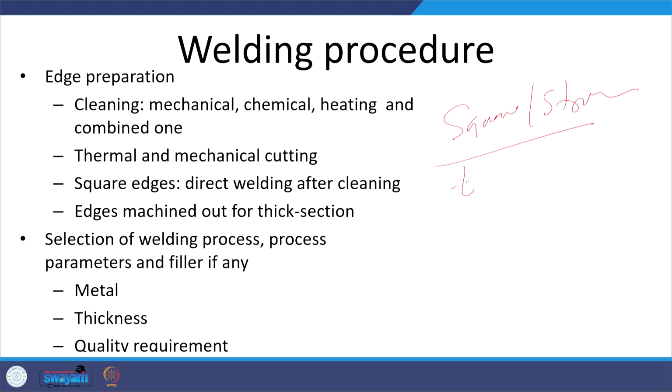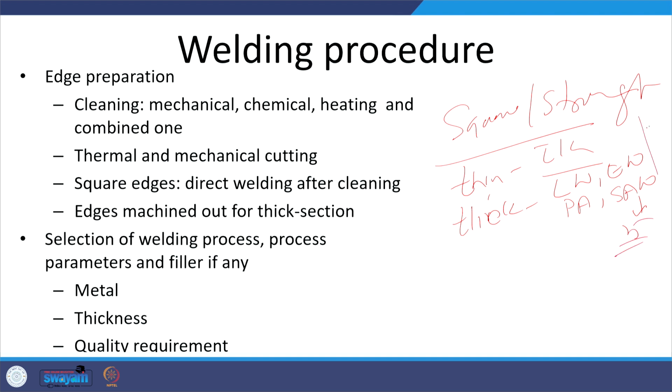Thin sheets can be welded by TIG welding, but square and straight edges can be prepared for thick sections too if we are using laser welding, electron beam welding, or even plasma welding, or submerged arc welding up to 25 mm. Because these processes allow the through thickness penetration in one go.